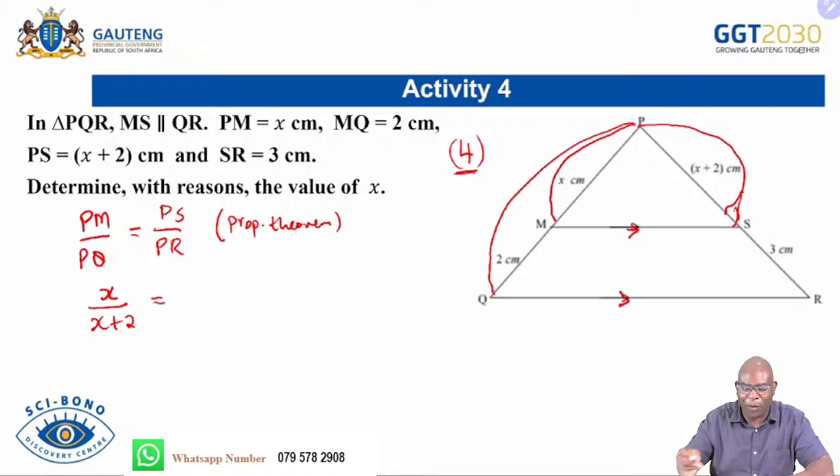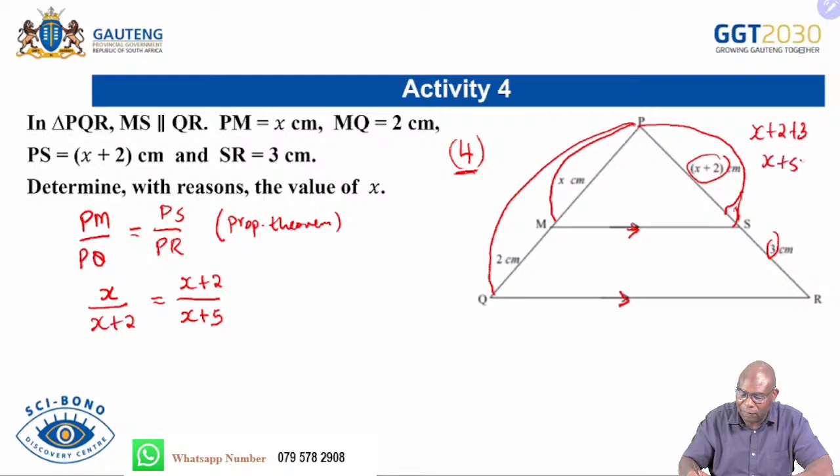Right. Now, PS is going to be X plus 2 over my PR, the whole of PR, is going to be X plus 2 plus 3, which is going to give me X plus 5. Okay, because it's going to be X plus 2, then plus this 3, so it's going to give me X plus 5. So that is the whole of PR.